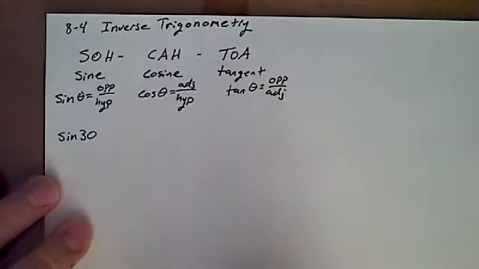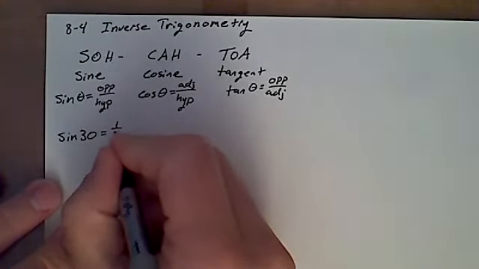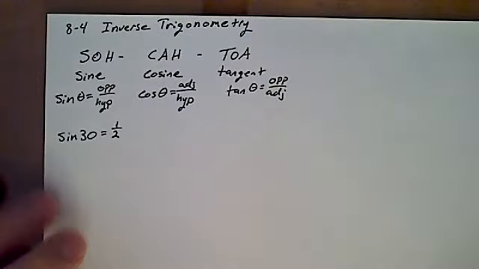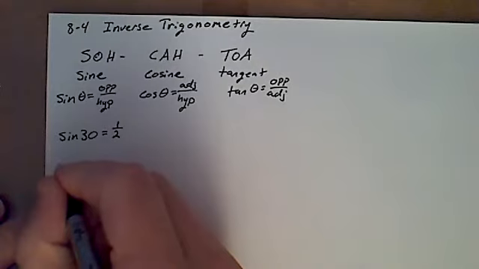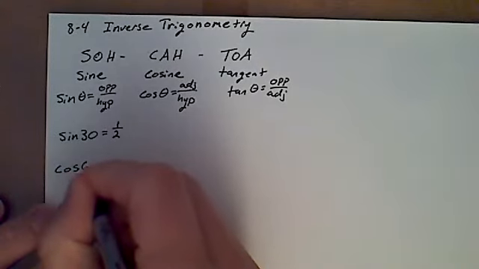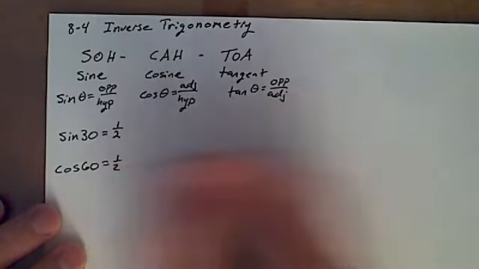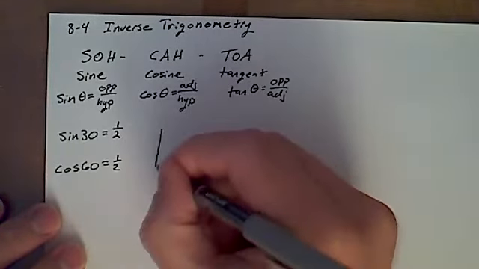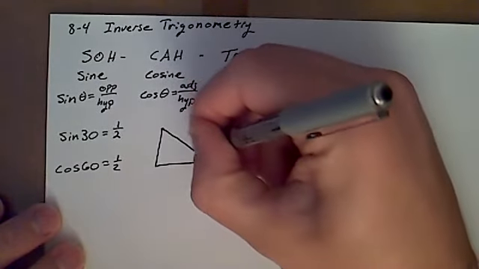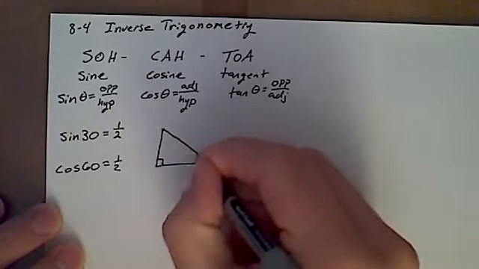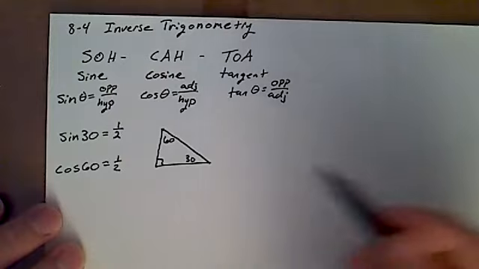So when I ask you something like the sine of 30 degrees, you should recognize that to be 1/2, right? Or if I ask you for the cosine of 60, that's the cosine of 60 degrees is also 1/2. A reminder on why that is. Right? We have our 30, 60, 90 triangle.